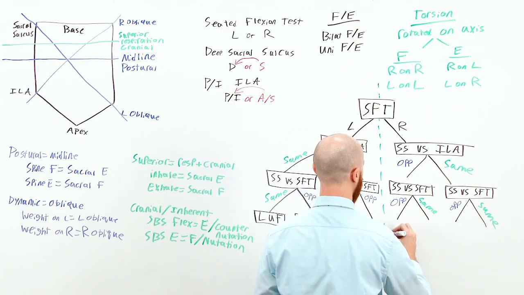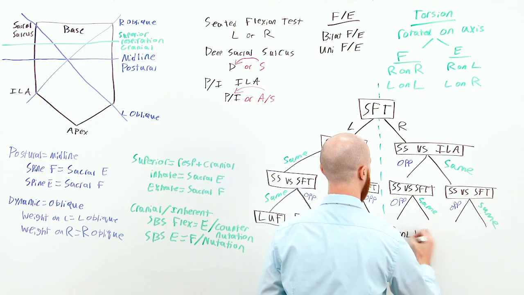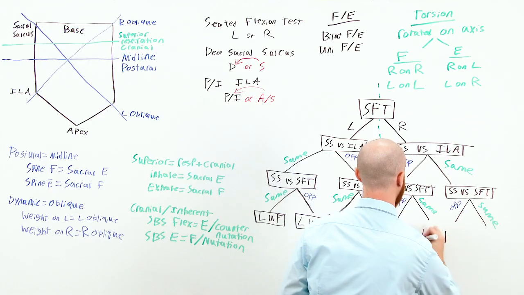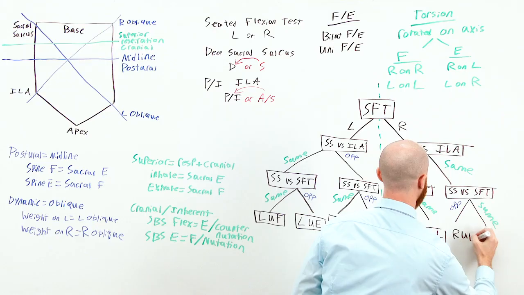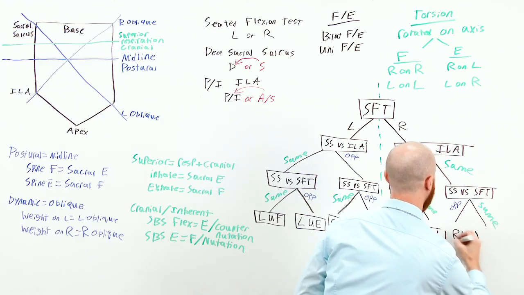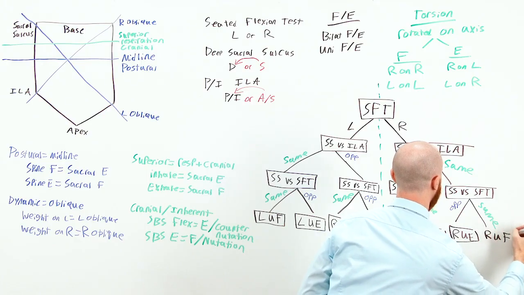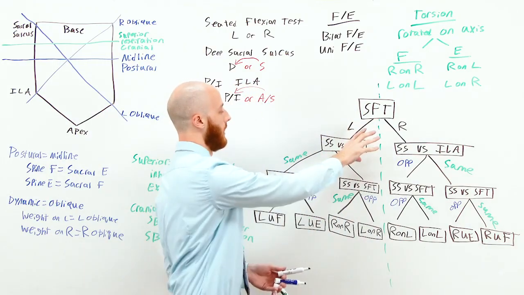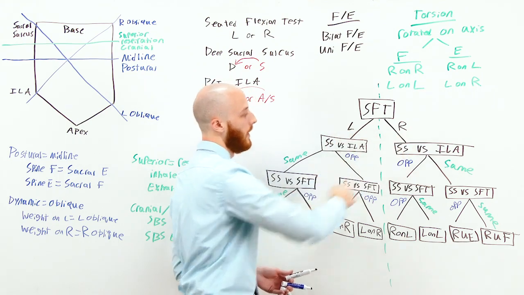So we're going to start out with a right on left, then a left on left, then a right unilateral extension, and a right unilateral flexion. So you can go through the entire flow chart based on left or right.